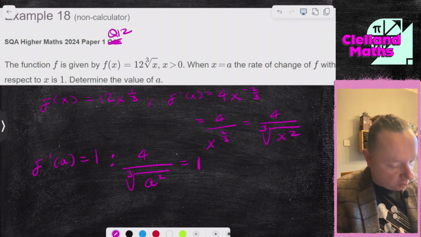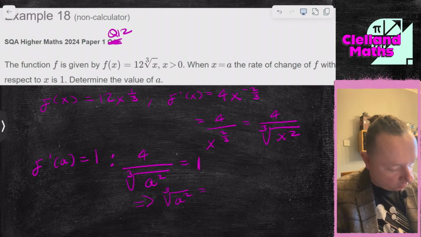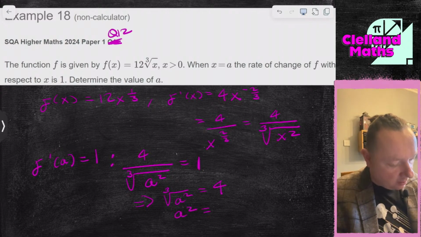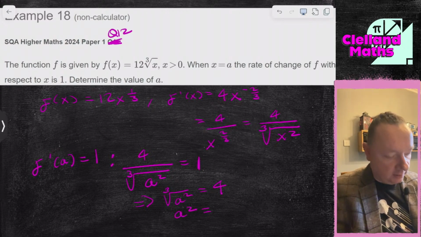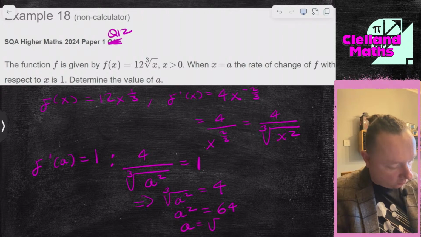Well, I've got a fraction, so the cube root of a squared equals 4 times 1 is 4. So I can cube both sides then to get a squared back. 4 cubed, 4 fours is 16 times 4 is 64. Well, that's nice, because that means now that a just equals the square root of 64, which is 8.